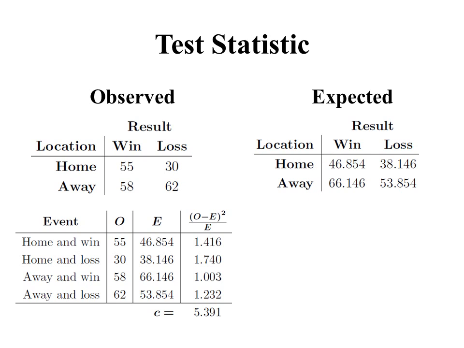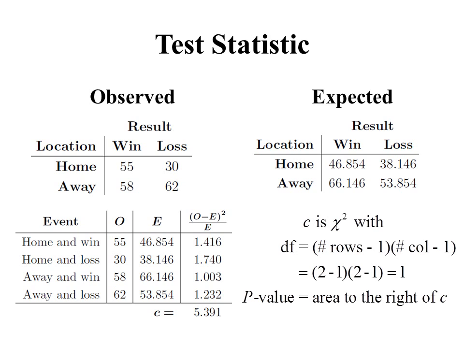If there's not a lot of difference, then this is going to be a small number. If there is a lot of difference, well, then this is going to be a large number. And so now we need to determine, well, is this a small value or is this a large value? Well, to answer that question, we rely on pretty much the exact same theory as from section 5.7.